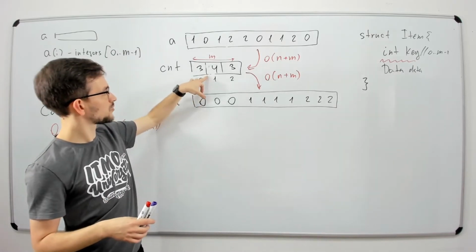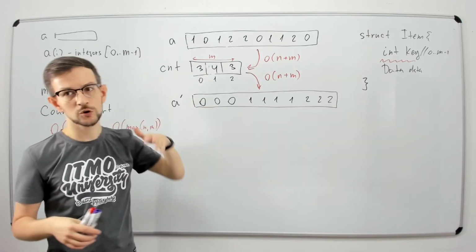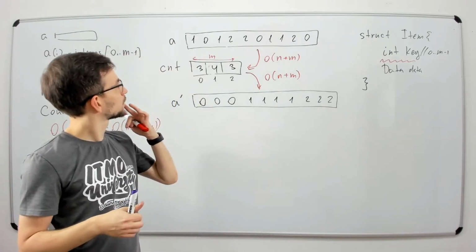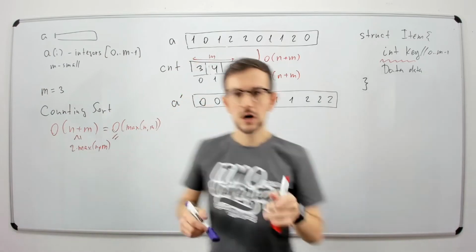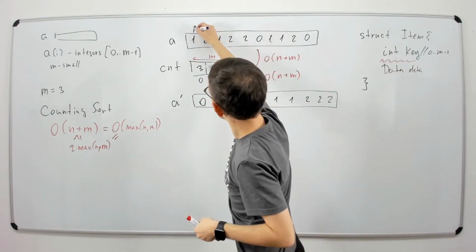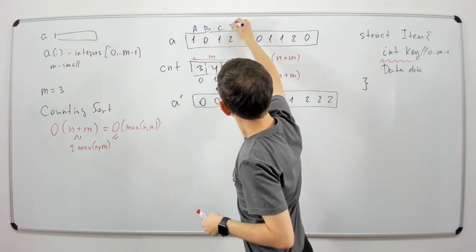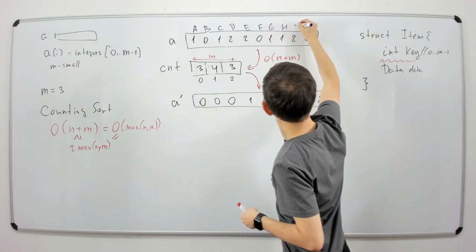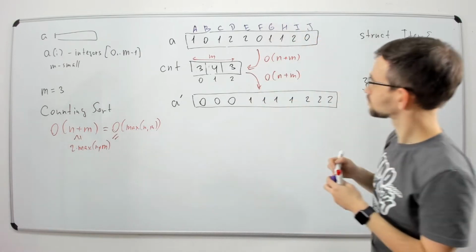So how to get from this array to this array is not very trivial. So let's see. For example, let's use some letters for each object. So we have object A, B, C, D, E, F, G, H, I, and J.